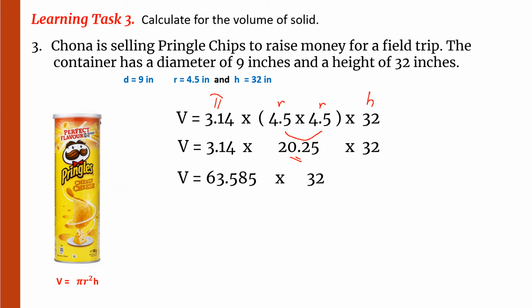Well, yung 63.585 came from the product of these two, 3.14 and 20.25. Next, we have 2,034.72 cubic inches. Of course, came from the product of 63.585 and 32. So children, eto ngayon ang ating kasagutan dito sa problem number 3.